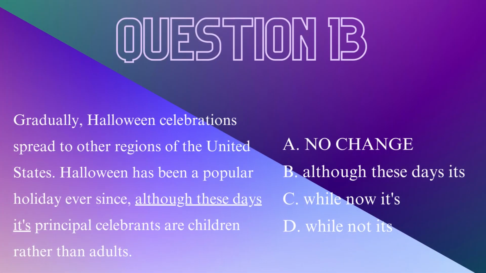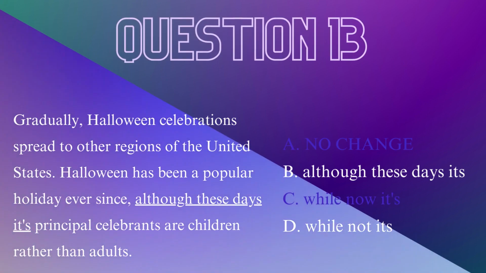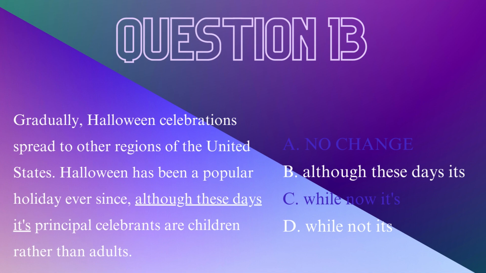Let's try that on this ACT practice question. Halloween has been a popular holiday ever since, although it is principal celebrants are children rather than adults. No, we do not use an apostrophe here. That narrows down our choices to B and D. Which do you think is correct? If you said B, you answered correctly.